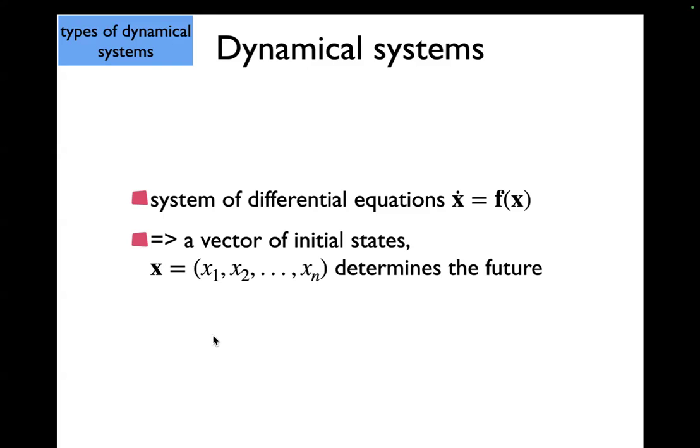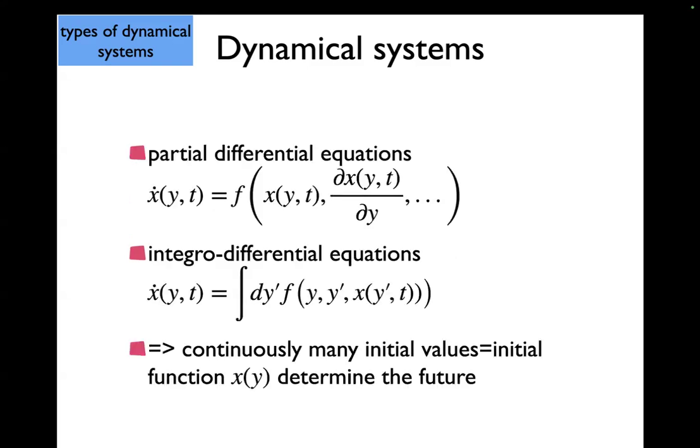Very naturally we have those. A more radical case is that there would be continuously many variables, not just a discrete number, but continuously many. So for instance, I would have a variable x, a family of variables x that depend on y. You might be familiar with that from physics, for instance, electrical field, magnetic field, and other fields, quantum mechanics.